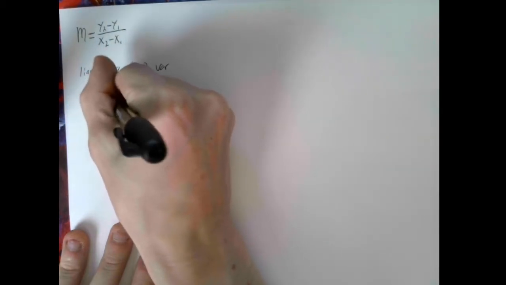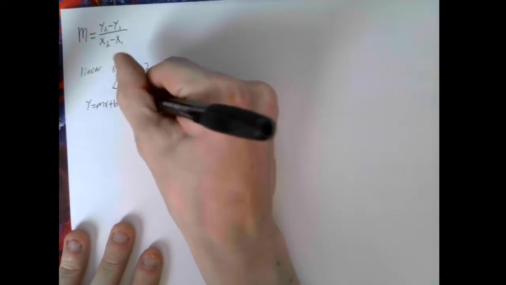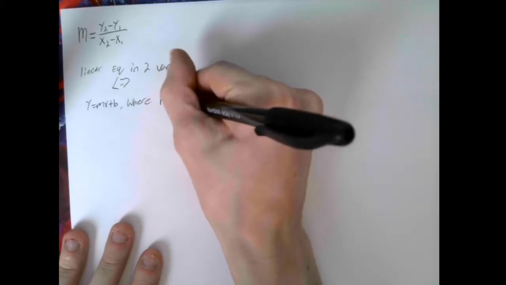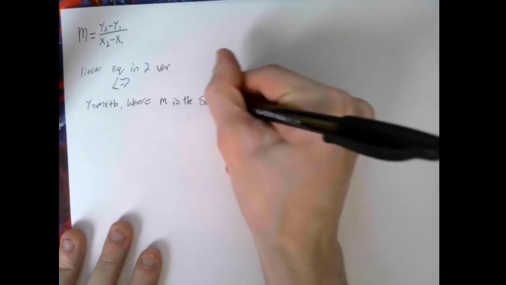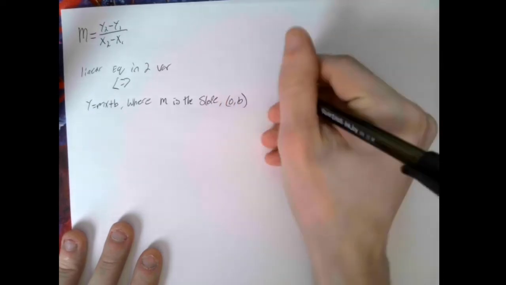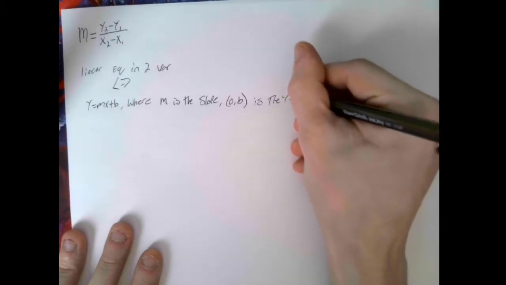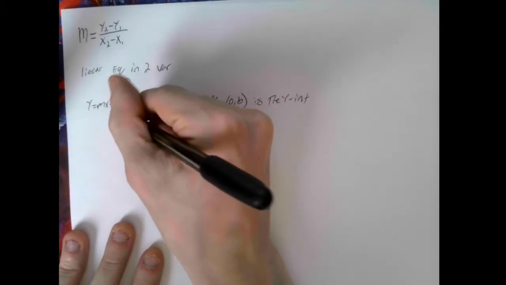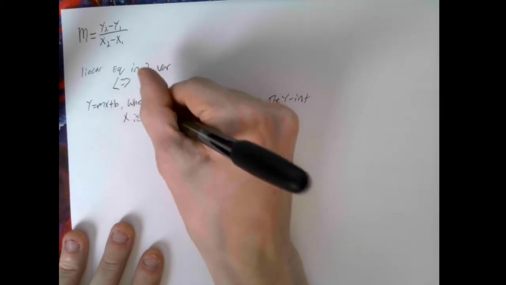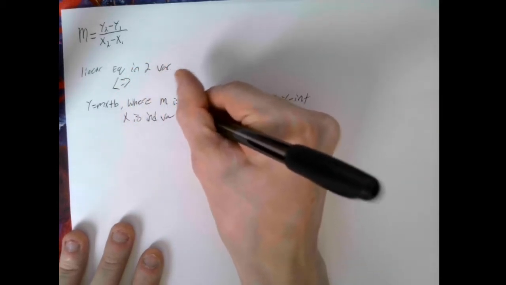We know m is our slope because if we reference our definition of a linear equation in two variables, it's the form y equals mx plus b, where m is the slope, 0 comma b, the ordered pair, is the y-intercept, x is the independent variable, and y is the dependent variable.